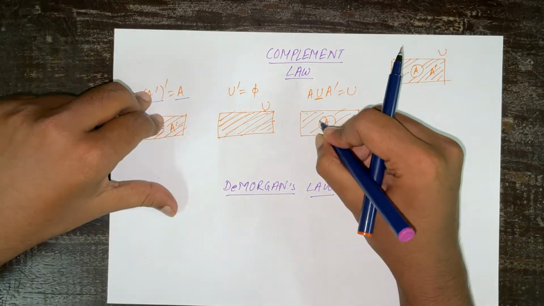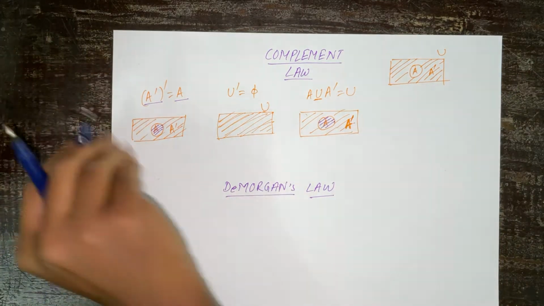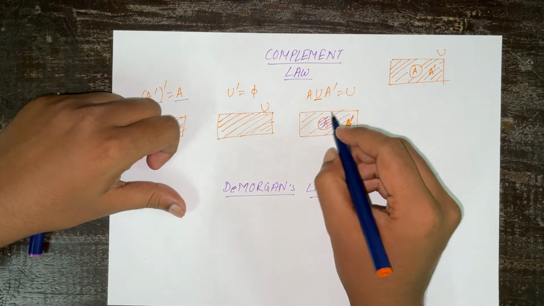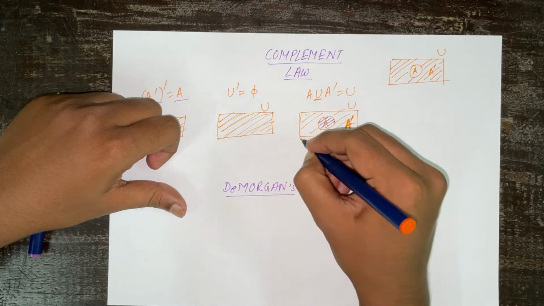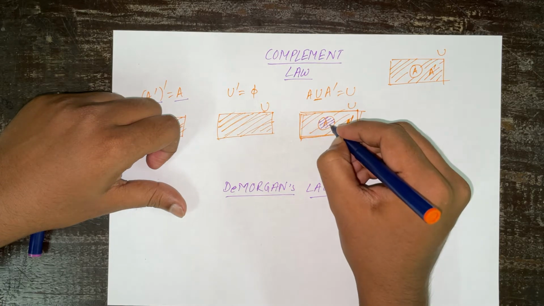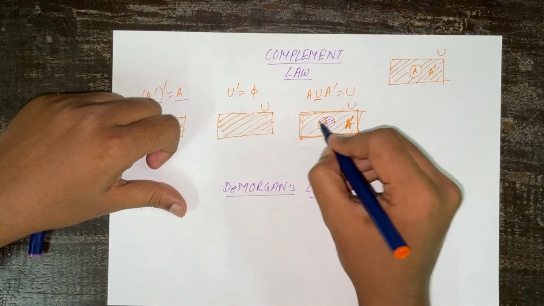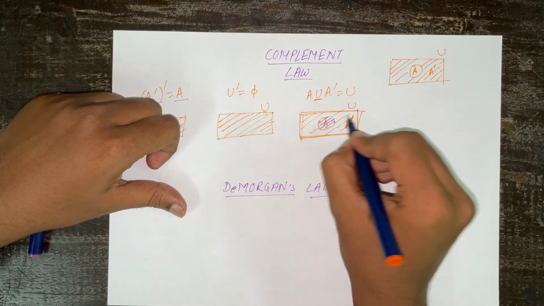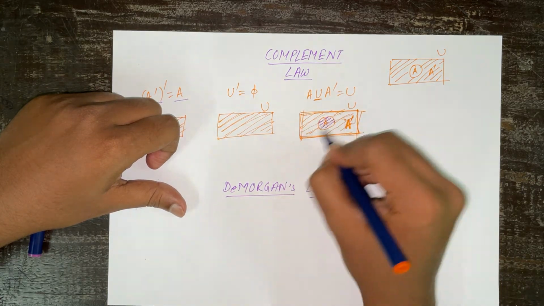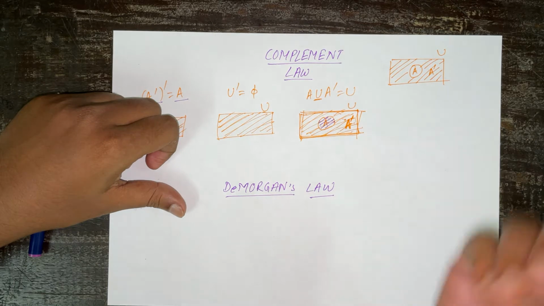Let me shade the A region with violet. This violet region and the orange region together make the whole universal set. A is this violet region, A complement is this orange region, and union means to combine these two. If we combine them, we get the whole box, and the whole box is the universal set.